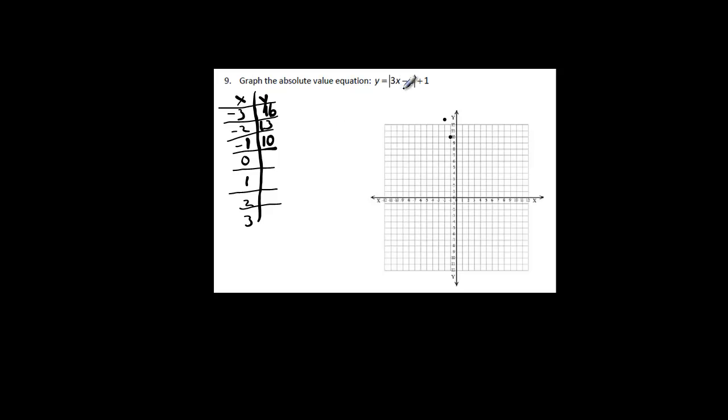Absolute value is 6. 6 plus 1 is 7. You can do all of these out. So 1 would be 4. 2 would be 1. And 3 would be back up to 4.